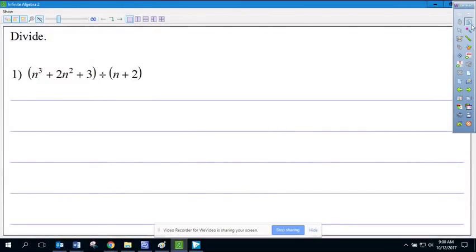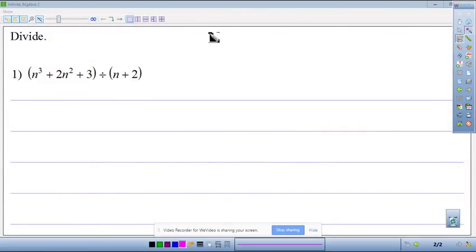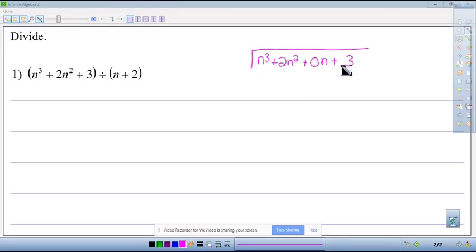So looking at number 1, I'm going to go ahead and set up my problem. So underneath, I get n cubed plus 2n squared plus 0n plus 3. On the outside, I have n plus 2. To turn n into n cubed, I need n squared.